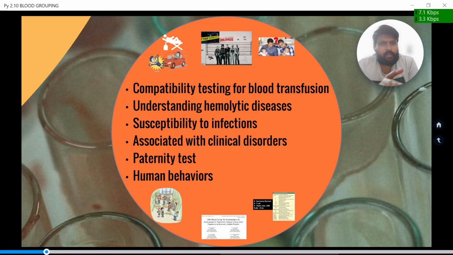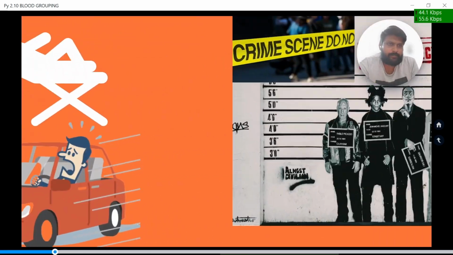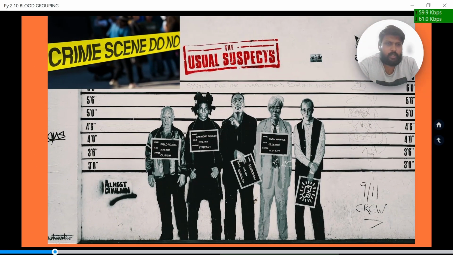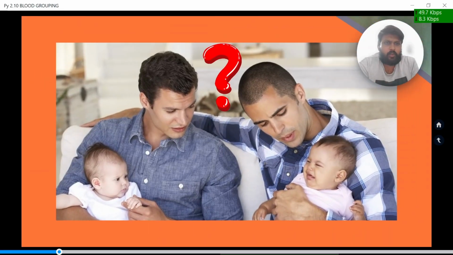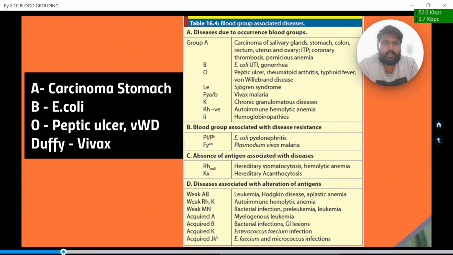Next is human behaviors. As I told you, there are a lot of studies which have been done. For example, in a crime scenario, you can do a paternity test and dispute the case. And as I told you, the associated diseases: blood group A has chances of carcinoma of salivary gland, stomach, colon, rectum, or coronary thrombosis, pernicious anemia.